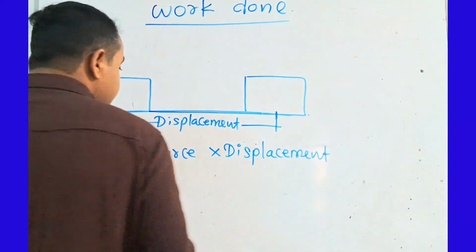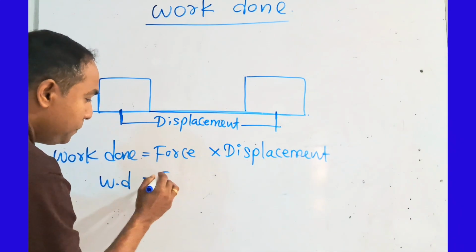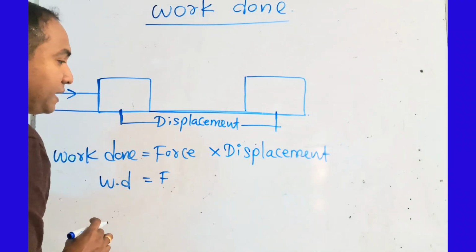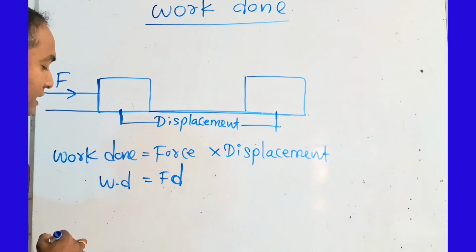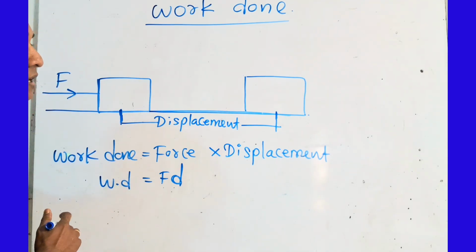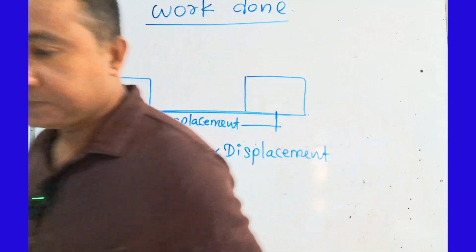So this equation can be written as work done is equal to force, represented by F, times displacement, represented by D. Work done is equal to FD.